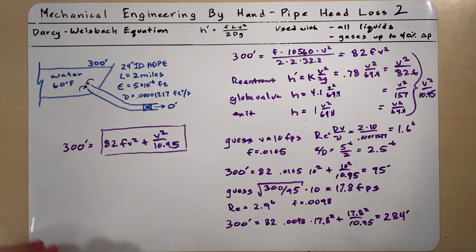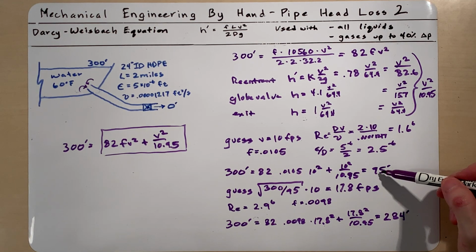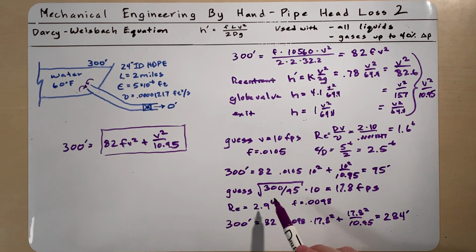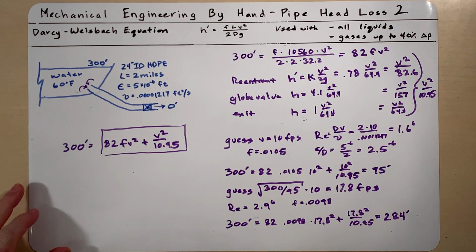So you can see how much closer we are to 300 feet. We went from 95 to 284 just using that method. So I'm going to do that one more time, but I'm not going to recalculate to see if it's correct, because I think it would be close enough.